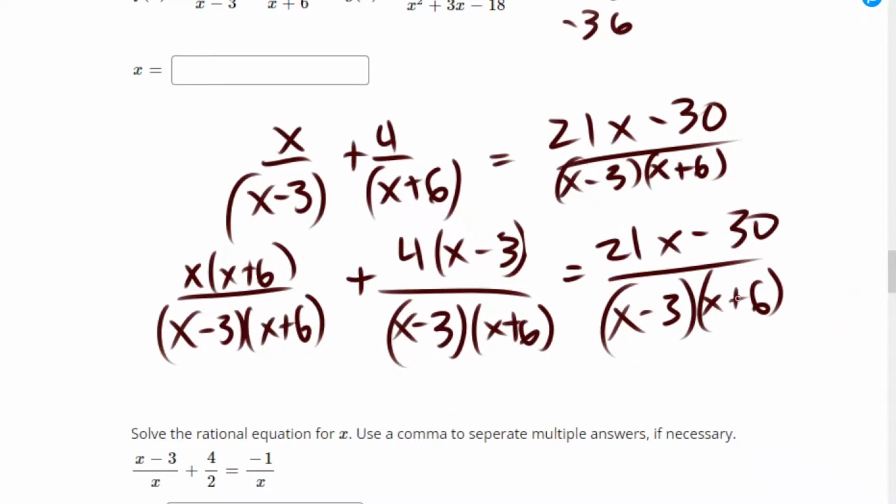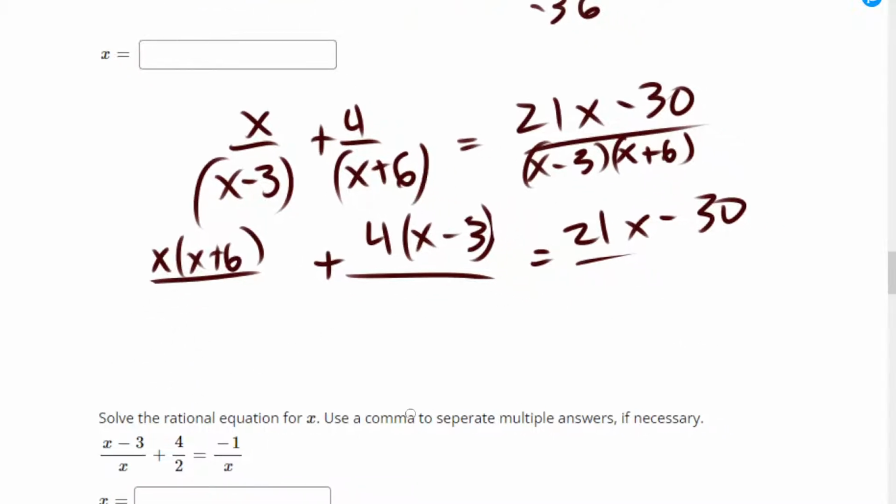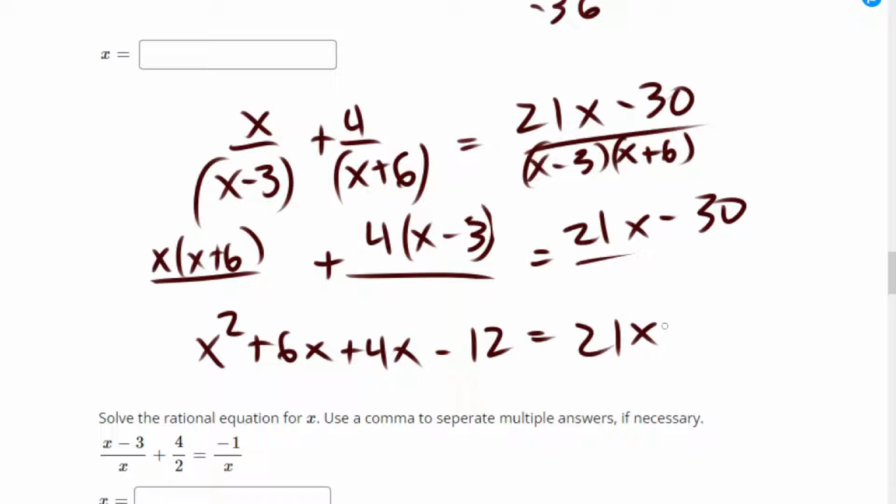Now, here's the fun part. The whole bottoms cross out if they are all equal and they have an equal sign. Wow, that's amazing and so awesome because now we can solve. We have x squared plus 6x plus 4x minus 12 equals 21x minus 30.